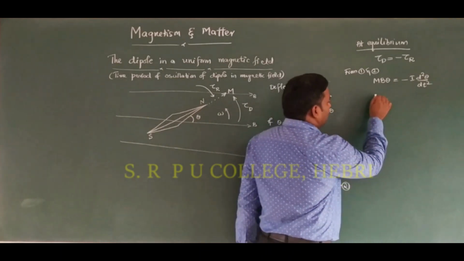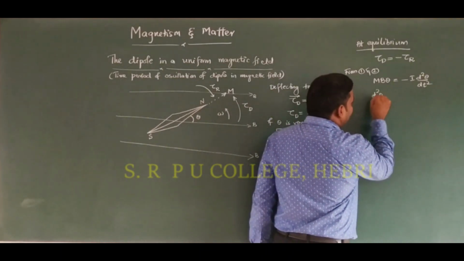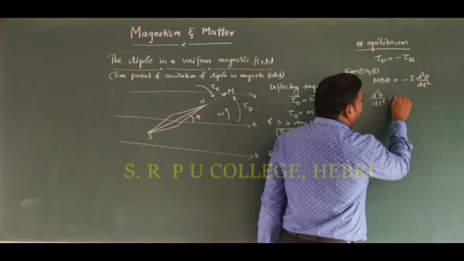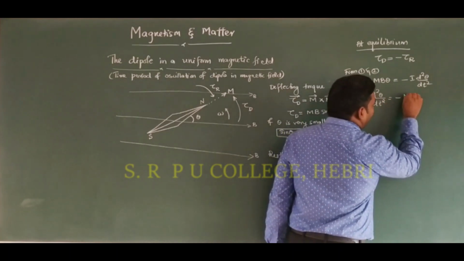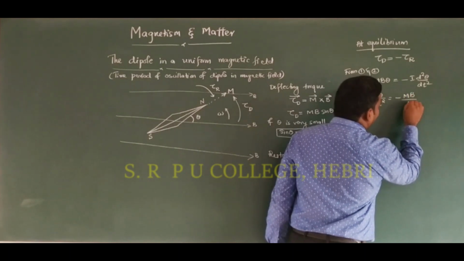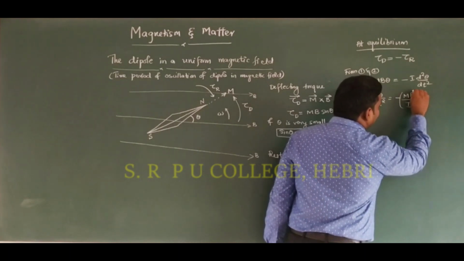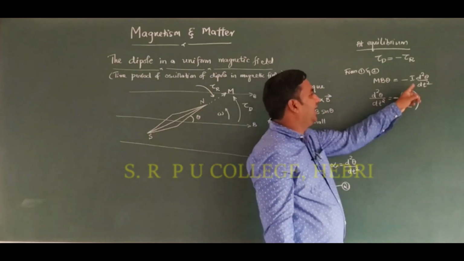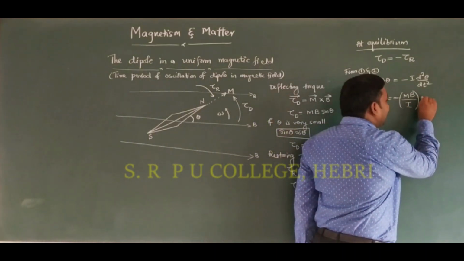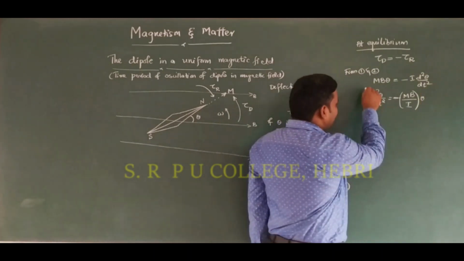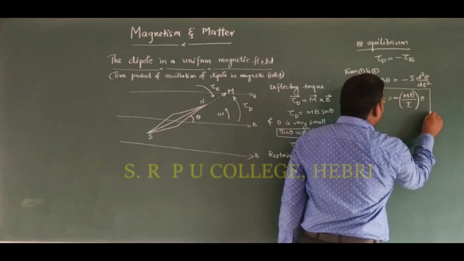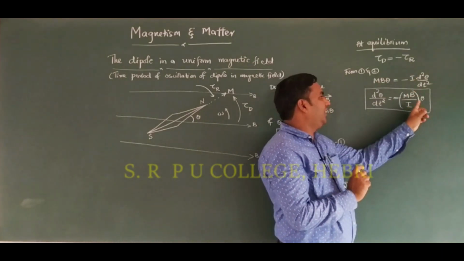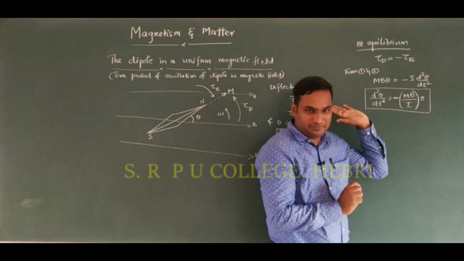Further, this equation becomes d square theta divided by dt square is equal to minus MB divided by I into theta.